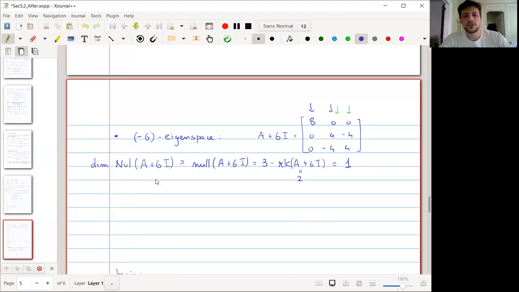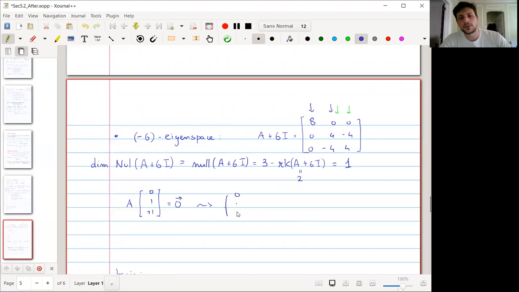Having a one-dimensional eigenspace like this implies that it's enough for us to find one vector that belongs to the null space of A plus 6i. And by just staring at the matrix, we can understand that if I take the sum of the second and third column, I get exactly the 0 vector.